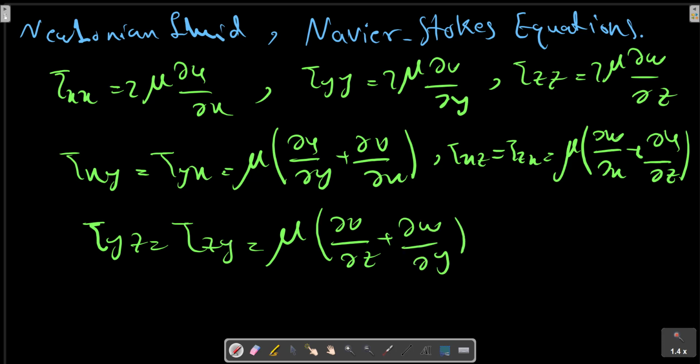This is the relation for the Navier-Stokes assumption, which is the Newtonian fluid case, where mu is the viscosity coefficient.